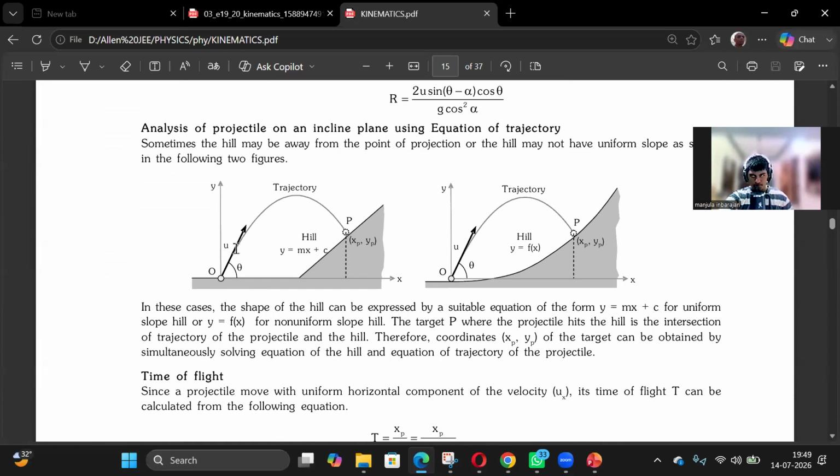This is just a normal projectile, but it is truncated by a plane here, or truncated by a parabola here. It doesn't matter whether it's a plane or a parabola, but the point where it's hitting it, that's yp. That is the one that matters: at what height I'm truncating it. It's getting truncated at yp. Here also it's getting truncated at yp. That yp should be given. It's a property of the hill.